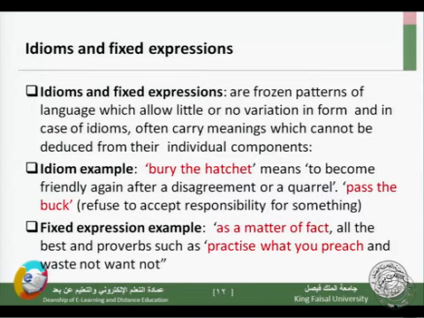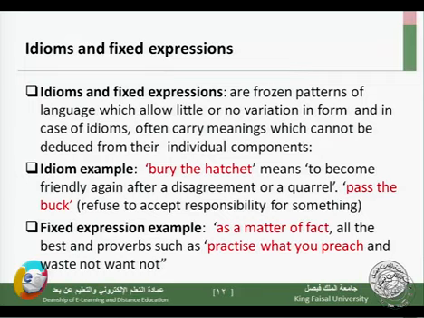It means he does not accept responsibility for his work. If it is an idiom, you have to understand it very well and check what it means. You can't translate an idiom literally at all, because you cannot deduce the meaning from the words separately. You need to look at it as a pattern, as one unit. It is a pattern of a language.